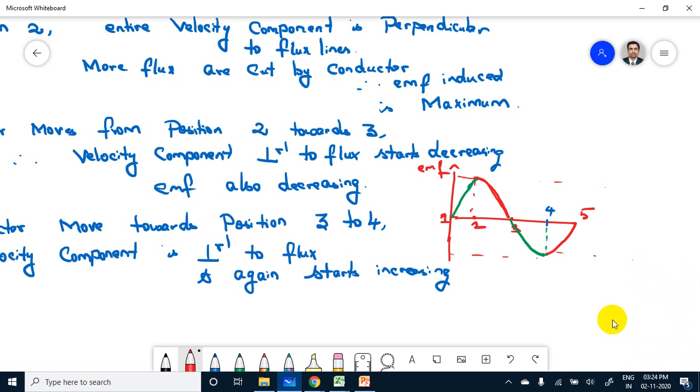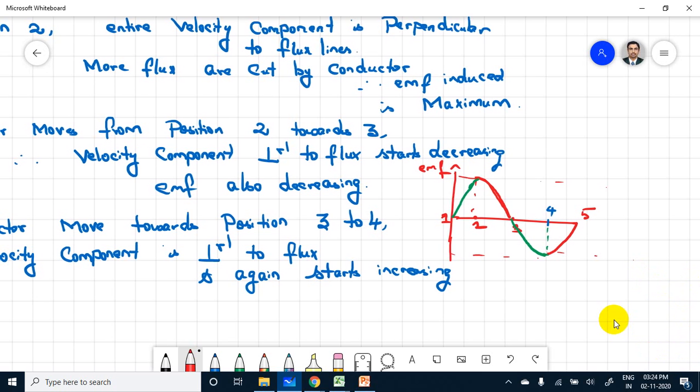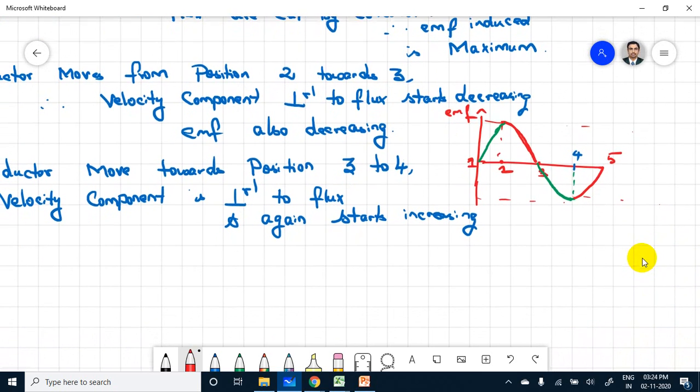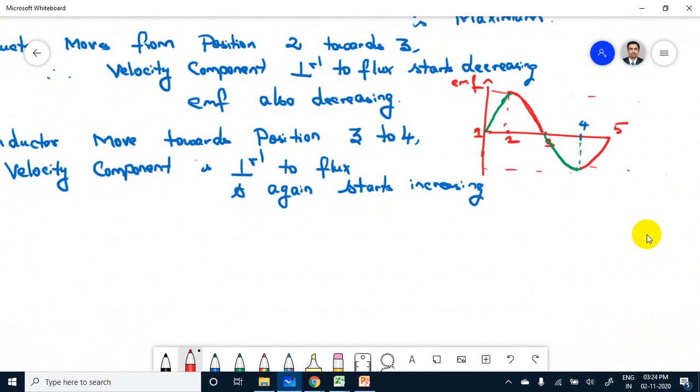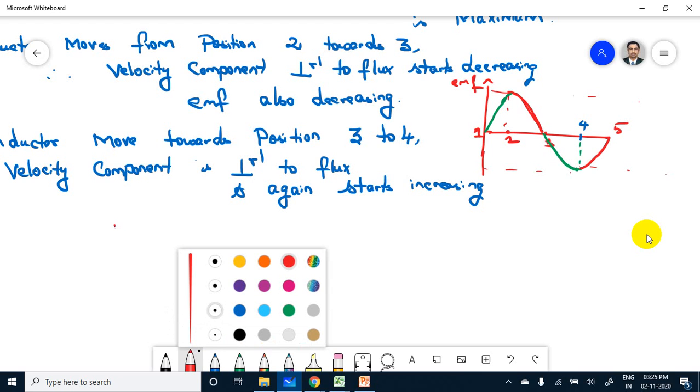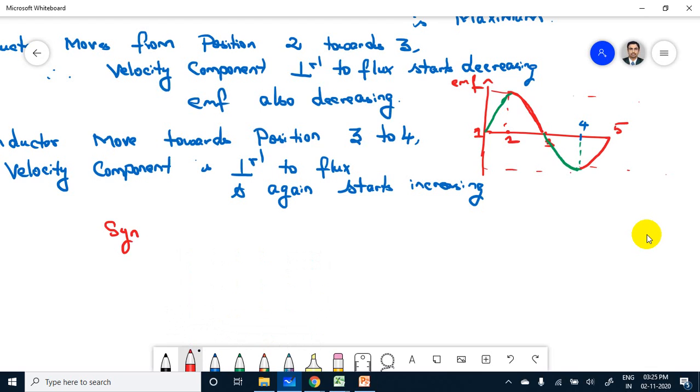So this is the concept of the principle of operation of a synchronous generator. We know the basic idea of a generator. What is a synchronous generator? Generator means what?